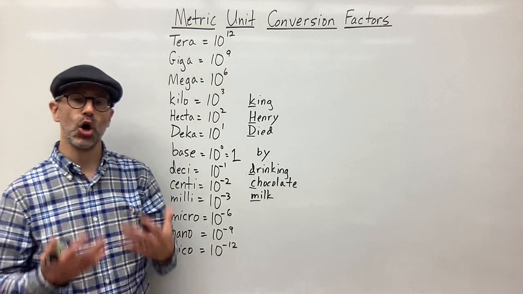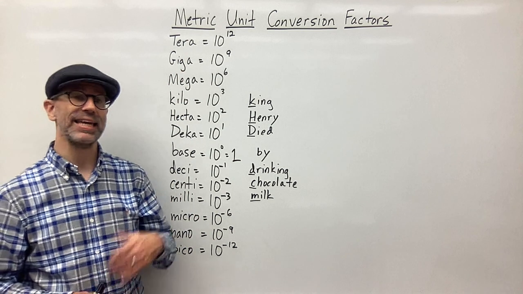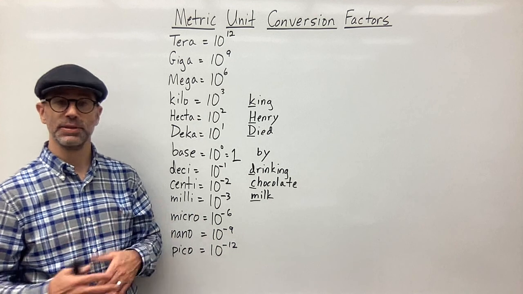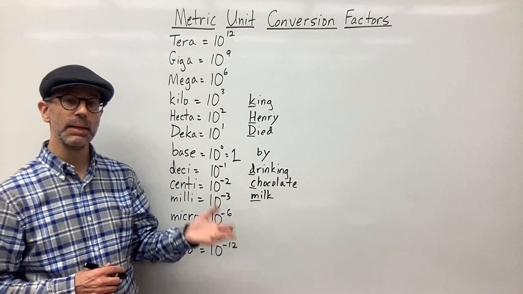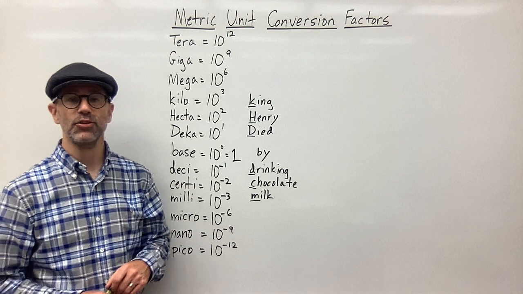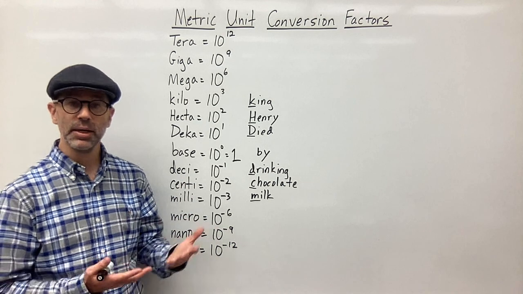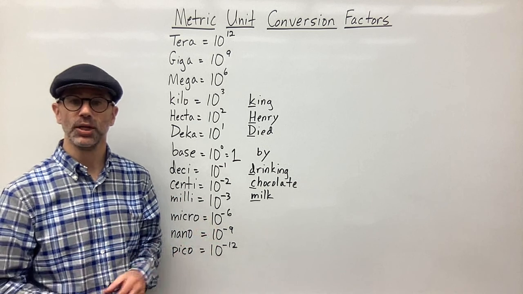So you need to know what the prefixes mean. So if you have a kilometer, that means you have 1,000 meters because kilo means 1,000. If you have a millimeter, then that means you have 1/1,000th of a meter because milli means 1/1,000th of whatever the base unit is.